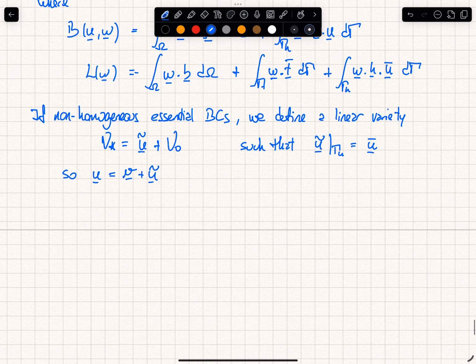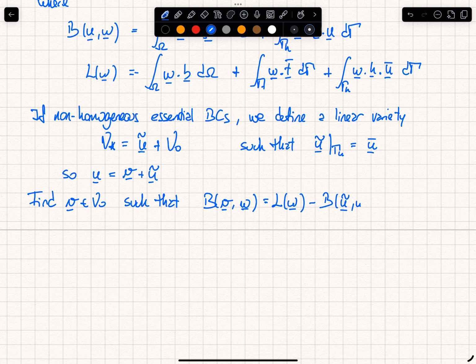And so our weak form becomes: find v, not u, in V naught, such that the bilinear form of v comma w is equal to the linear form minus the bilinear form applied to u tilde and w, for all w in V naught.